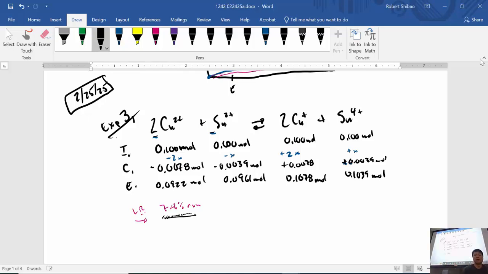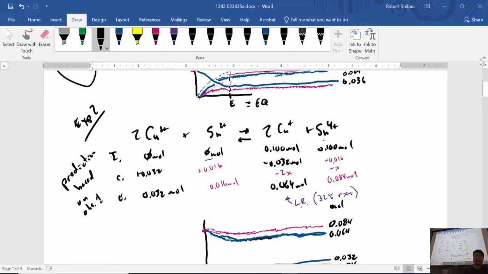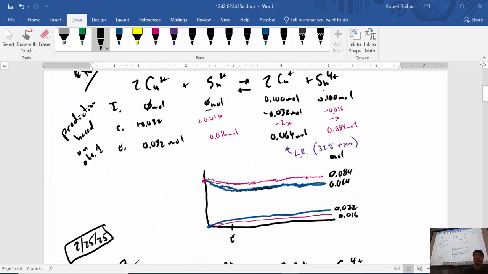All right, and so, looking at the numbers is kind of hard, because this had 7.8% reaction. This had 32% reaction reverse. This had 64% reaction forward. So can we make predictions based on percent reaction? Is the percent reaction always the same? Does it seem like it?